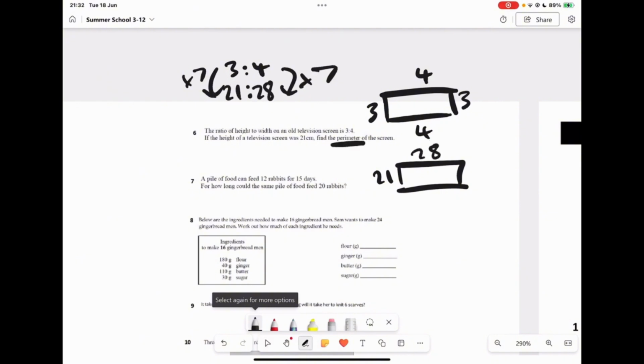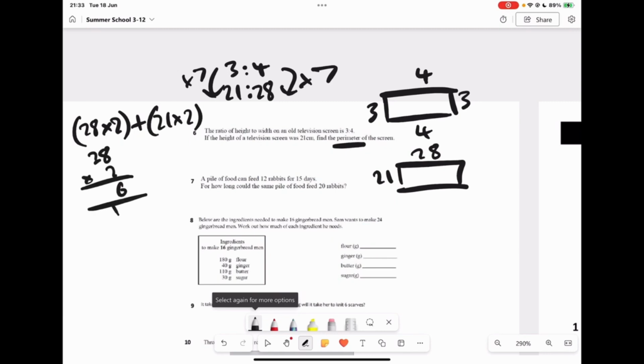But then it's asking for the perimeter, so what we do is 28 times 2 plus our 21 times 2, because we're adding up each side. So it's like doing 21 plus 21 plus 28 plus 28. So how can we do this? Well, 28 times 2, we can use the column method. 8 times 2 is 16, 2 times 2 is 4, so 56, and then 21 times 2 is 42.